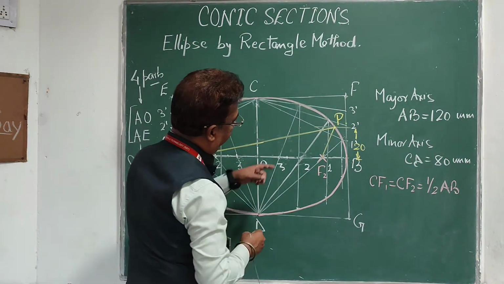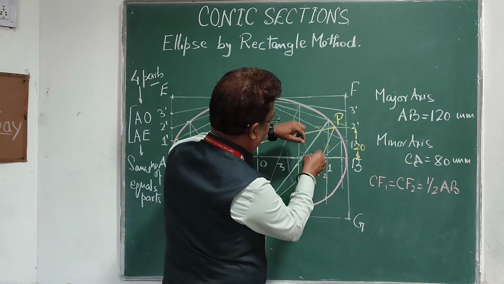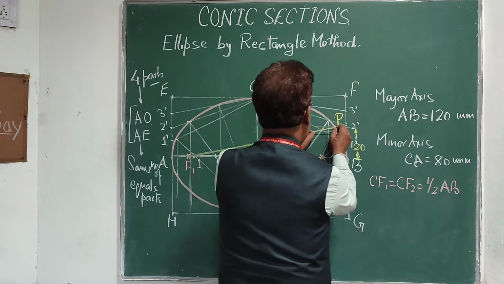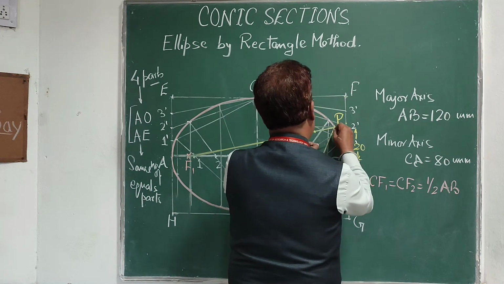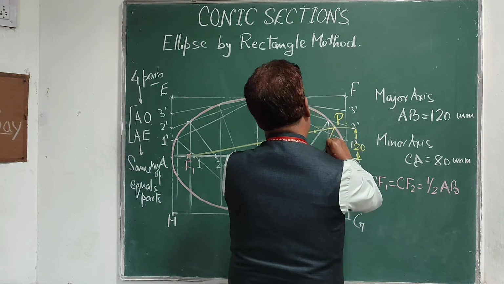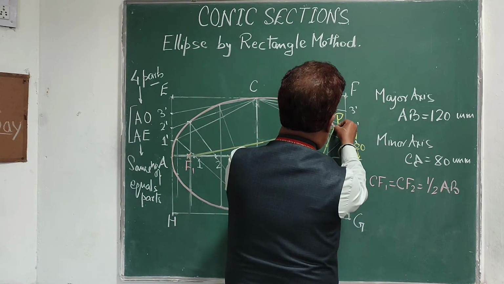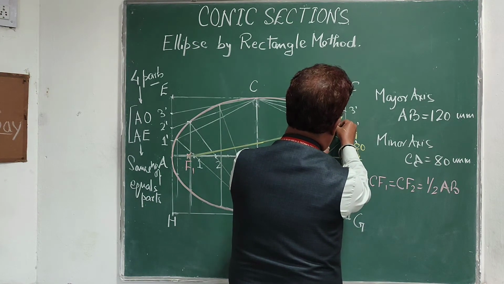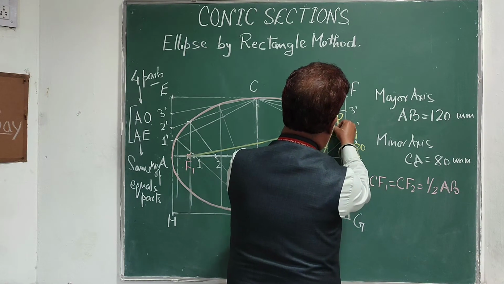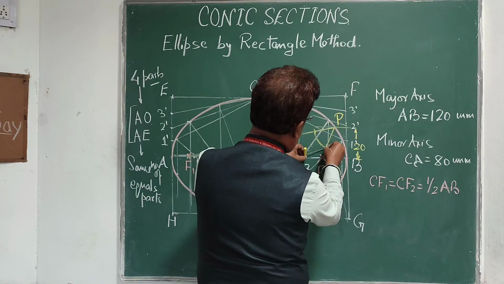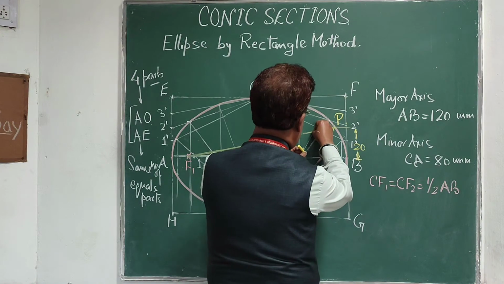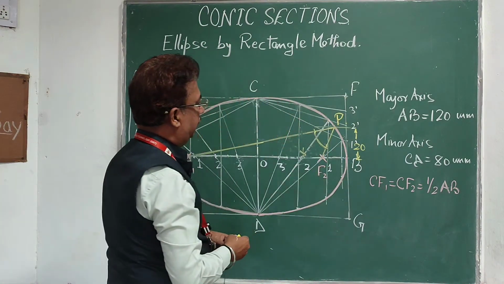After marking the point P, I have joined this point P with focus F1 and F2, and after that I will bisect this angle. For bisecting this angle, I will draw two arcs with the compass, take any length and draw this arc. Then again taking these two centers, make another arc.